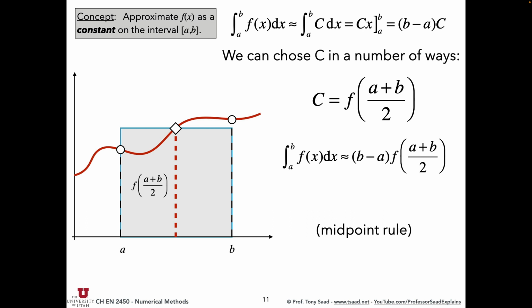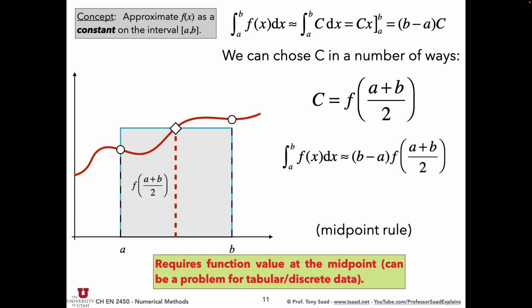The midpoint rule requires knowledge at a point at the midpoint, which you might not have in discrete data. Unless your data is equally spaced, you can jump every other point, and you say, this is my midpoint, and I can approximate the function with that midpoint. But if your data is not equally spaced, you don't have information at the midpoint. Even if you interpolate, you're not creating new information when you do an interpolation.